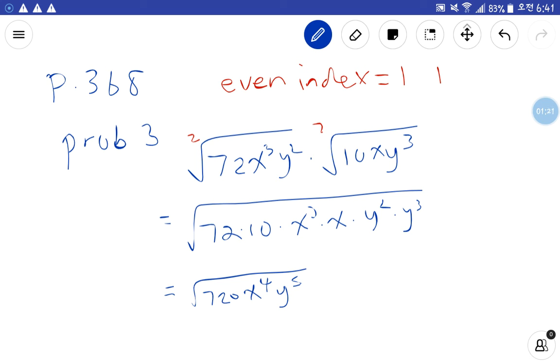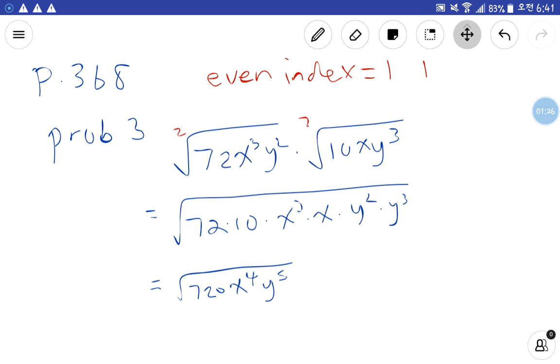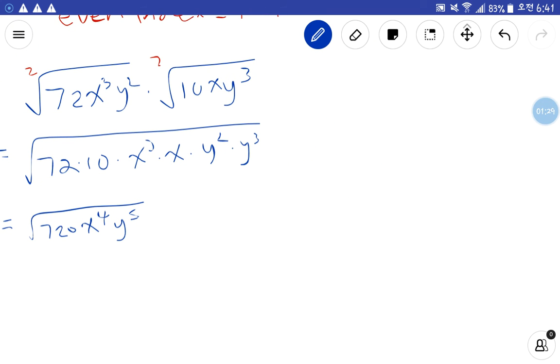Now what? I'm going to do a process of breaking down into all perfect square numbers. So first, I'm going to look at 720. How can I break 720 into perfect square numbers? I'm starting with 10 and 72. 10 can be broken into 5 and 2. 72 can be broken into 36 and 2.